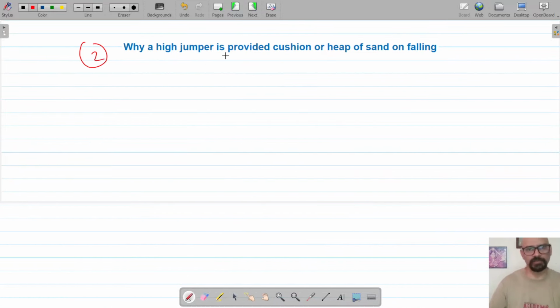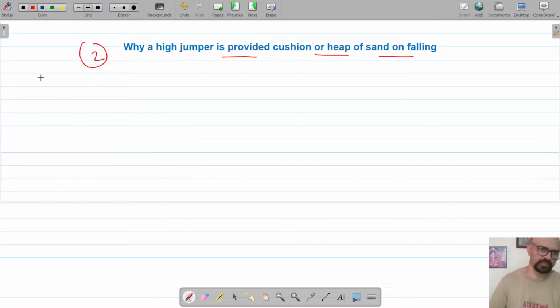Why is a high jumper provided a cushion or heap of sand on falling? The reason here is the same. A cushion or a heap of sand is provided to prevent injury to the athlete whenever he falls down after making a high jump.